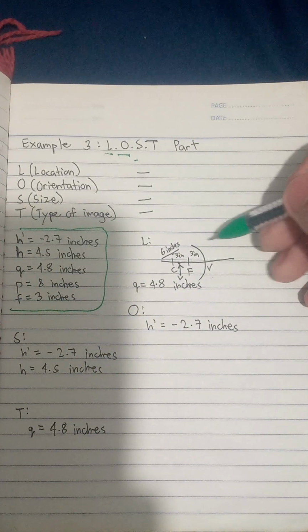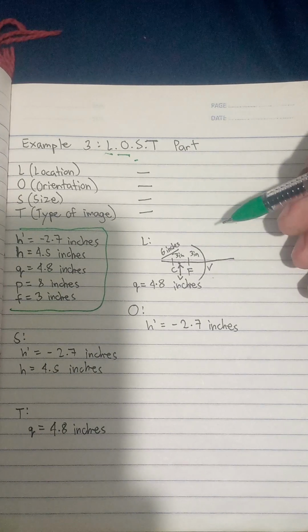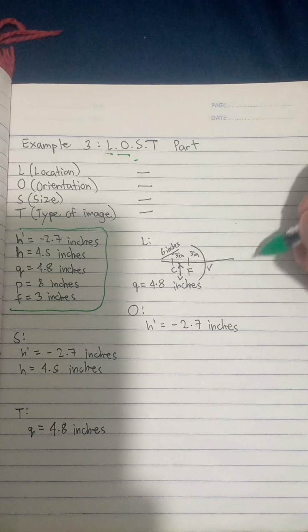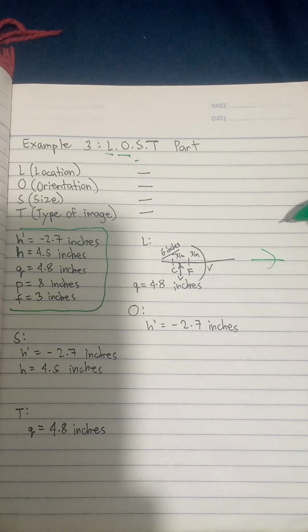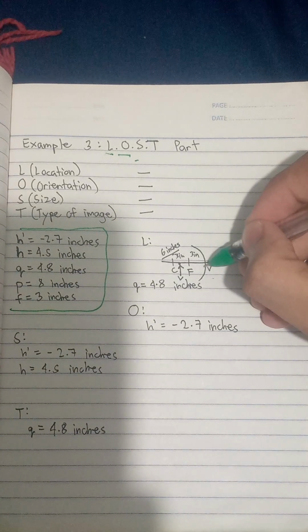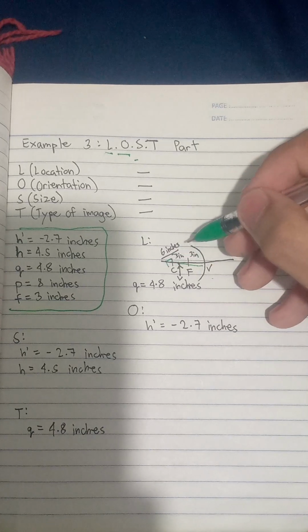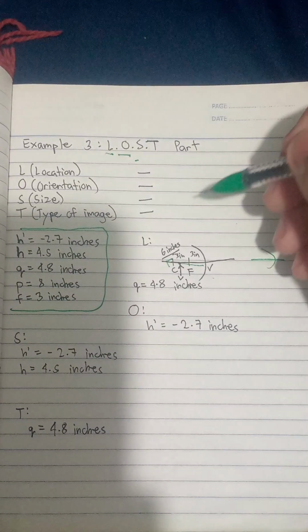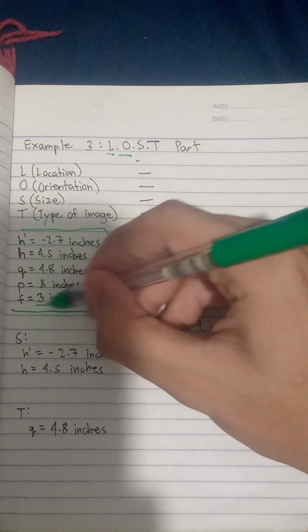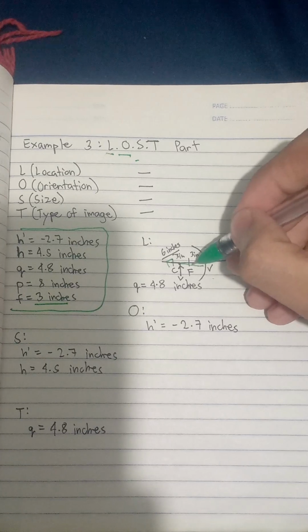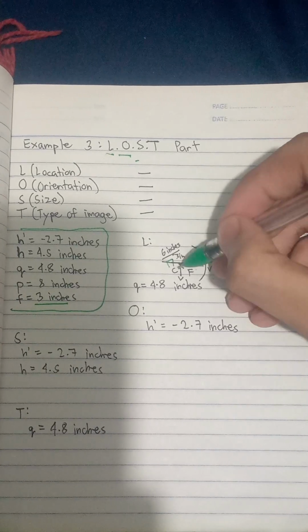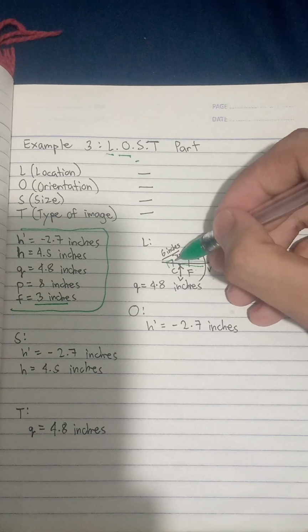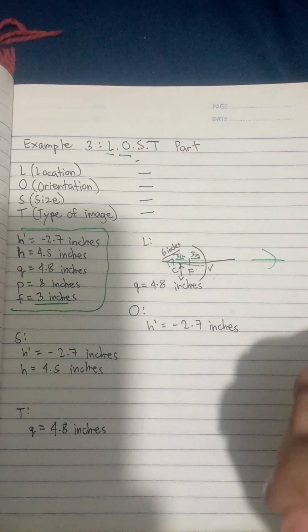So L, how do we find L? To find L, we draw a ray diagram of the concave mirror and measure the length from the vertex to the center of curvature by using the focal length value of the problem. Our focal length is 3 inches. Line FV is 3 inches, and line CF is also 3 inches, and overall it's 6 inches.